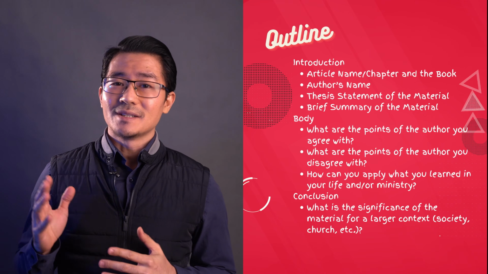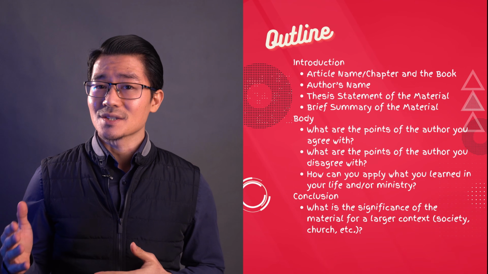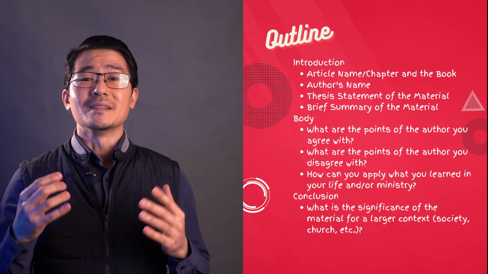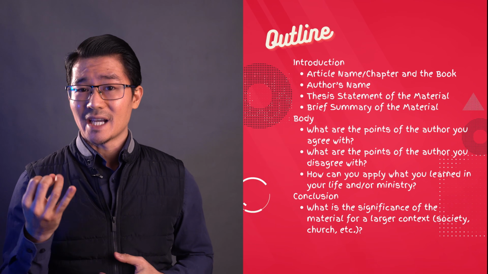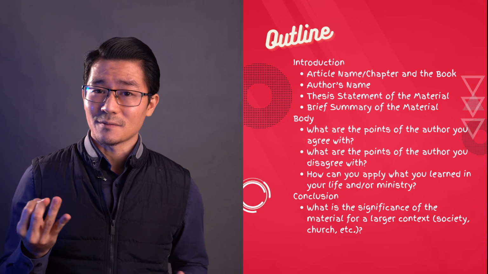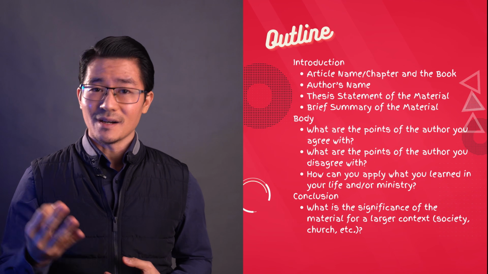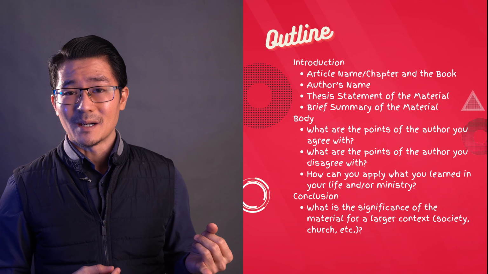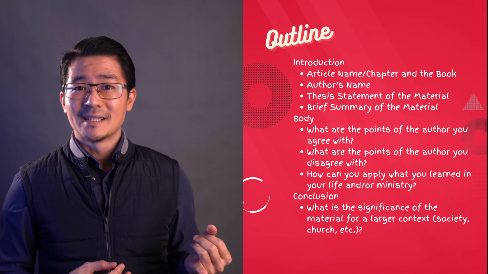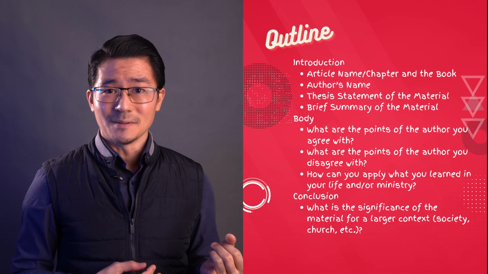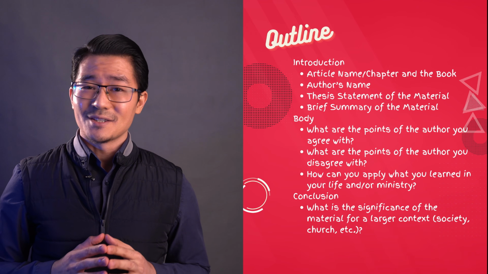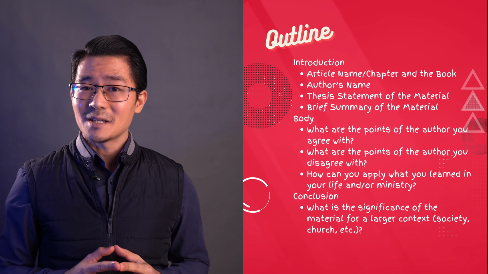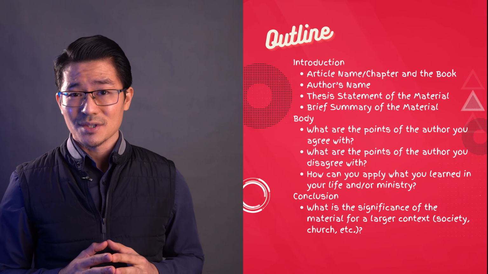Okay, let's have an overview of the parts of a reaction paper. Typically, it should have an introduction. And in your introduction, you need to write the name of the article or the chapter from which book you got it from, and of course, the author. Then you need to write the thesis statement of the article, and finally, a brief summary of the material. The body part, of course, contains your reactions, and they can be answers to the following questions.